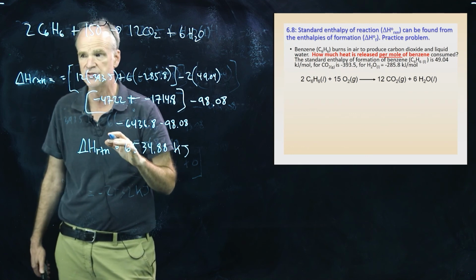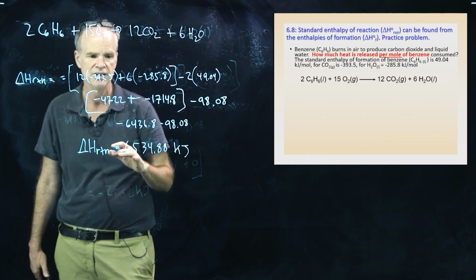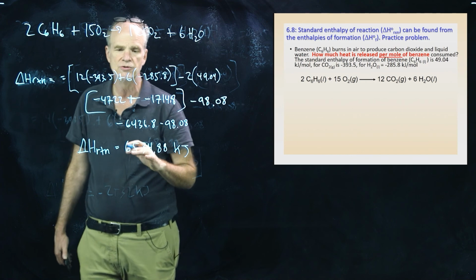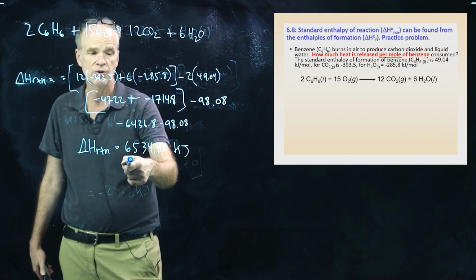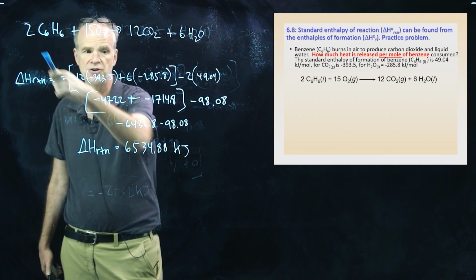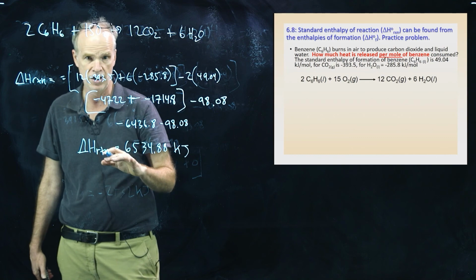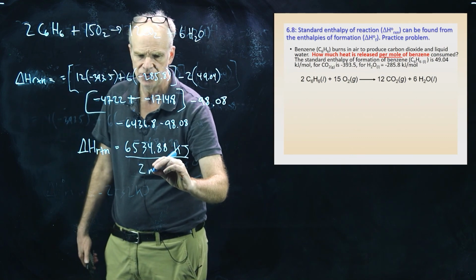In the answer, we want to know how much heat is released per mole of benzene. Well, if this amount of kilojoules is the enthalpy change for 2 moles of benzene, what would it be for 1 mole of benzene? So you take this number and divide it by 2.